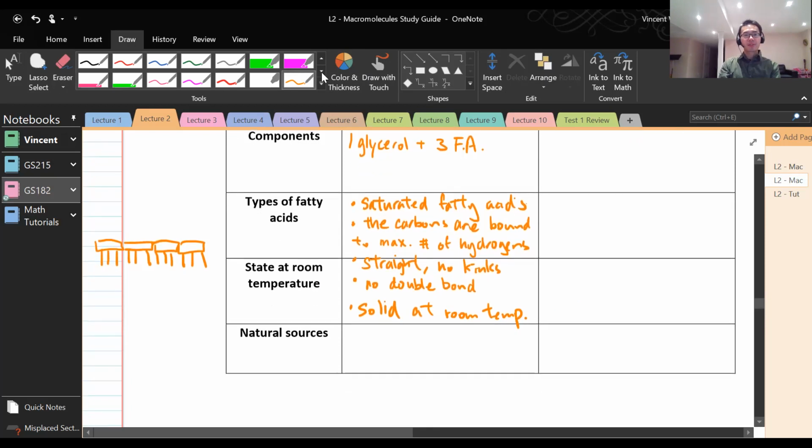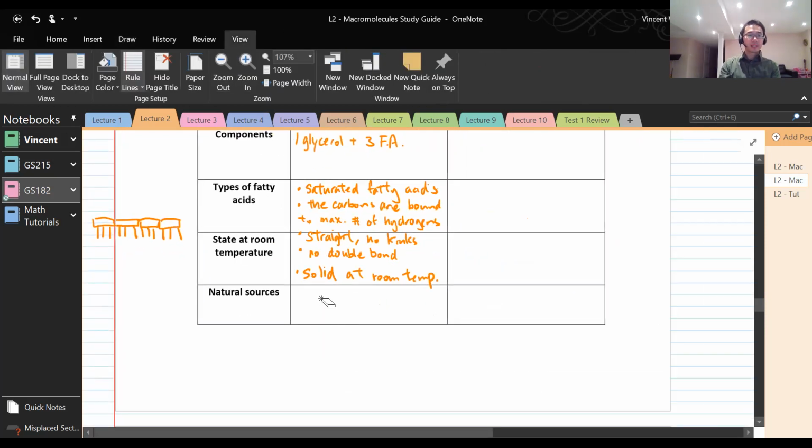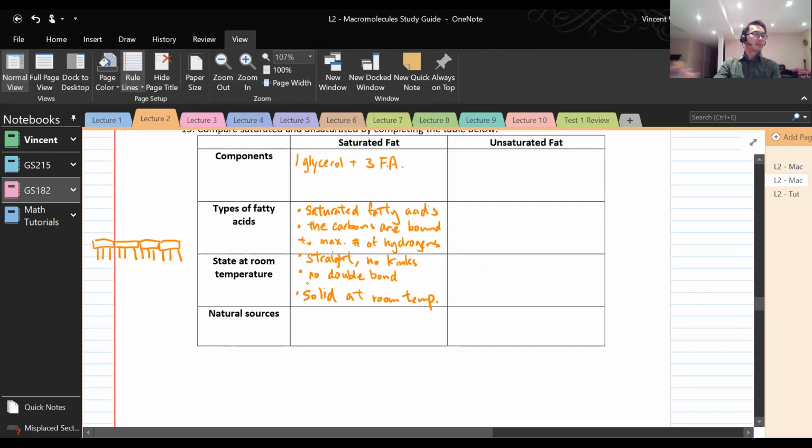Can I have some examples of saturated fats that you will find at home, maybe? Yep, butter. Okay, so example, butter. Lard. Yeah, coconut oil. Coconut oil, so good, but so fat.